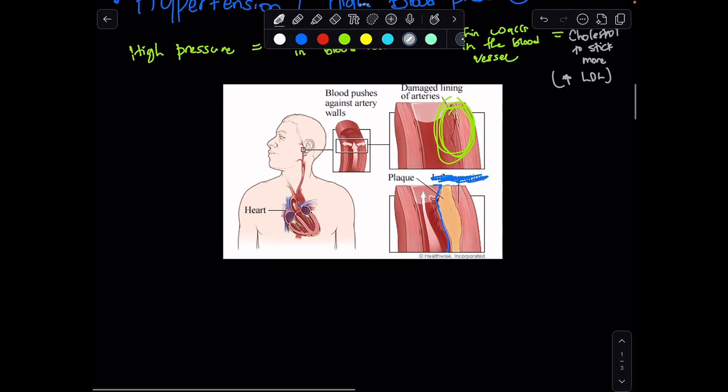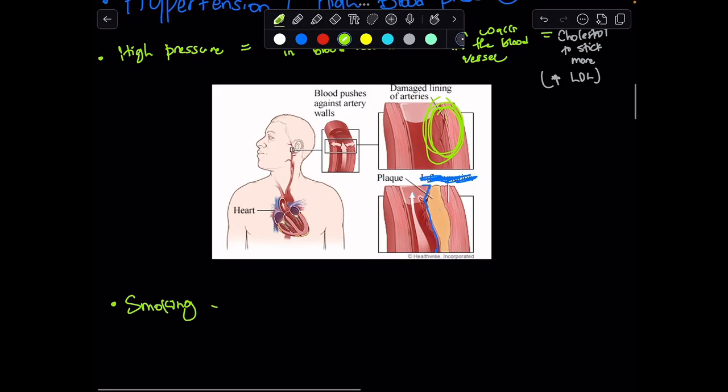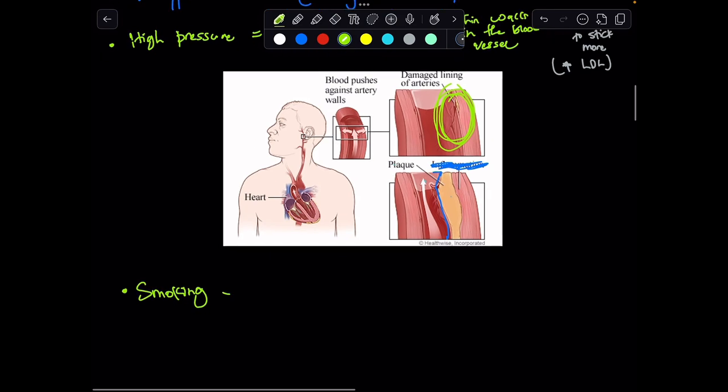So high pressure, and in the same sense, smoking as well. It's the same thing. Let's change the ink there.